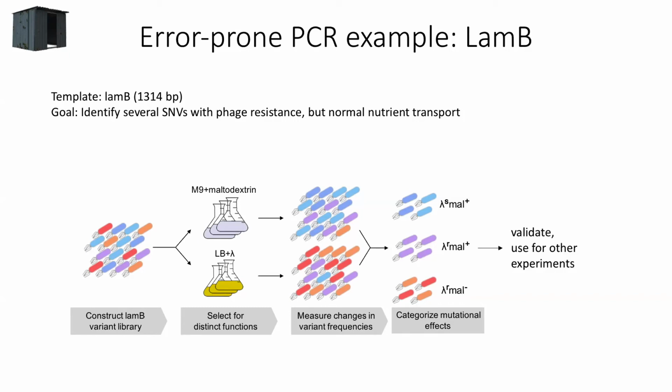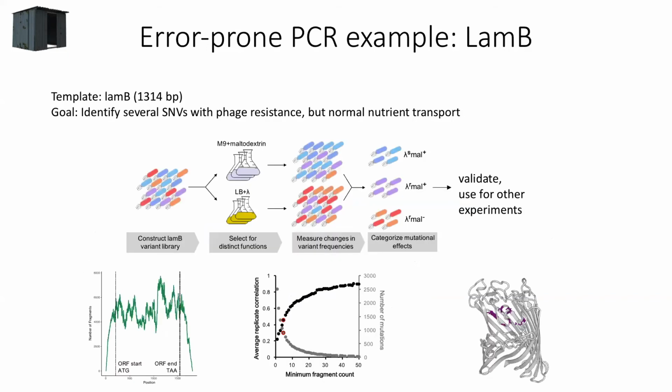So I did a generic deep mutational scanning strategy where I made a library with error-prone PCR, selected in 2 different conditions, and then pulled out the variants that I thought looked pretty good in terms of being phage resistant, but still being able to transport nutrients, which is what this protein does natively, and then validated some of those mutations and used them for some phage experiments. This was a pretty useful approach for doing that. So I did raw sequencing of Nextera fragments of the coding sequence, which is shown on the left, and you just get some sequencing depth that you can raise by just sequencing more.